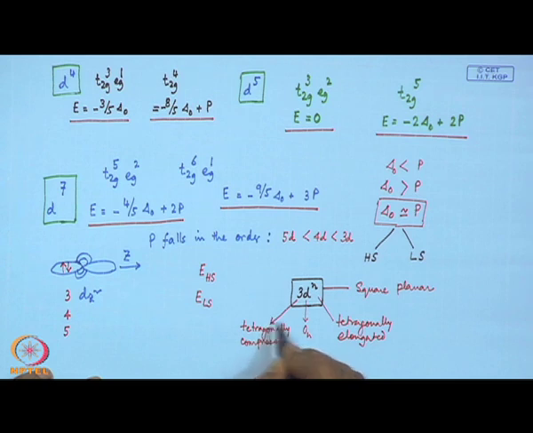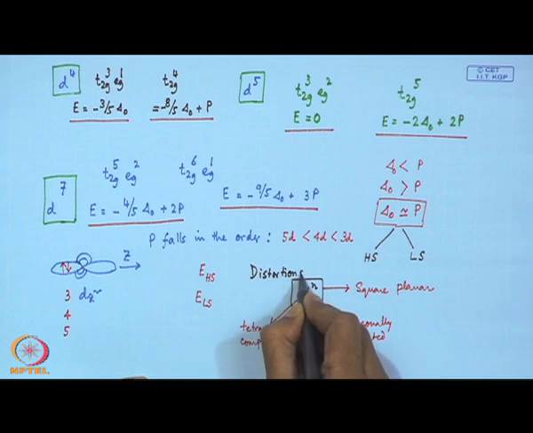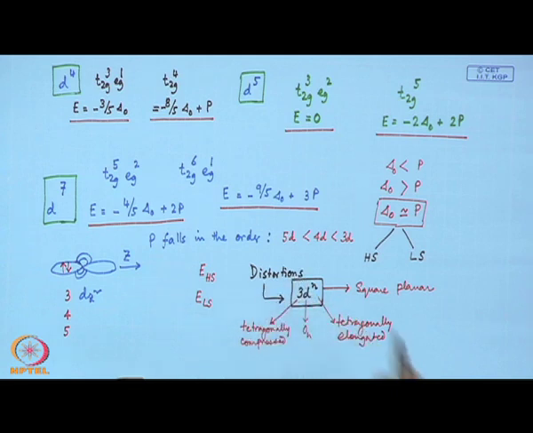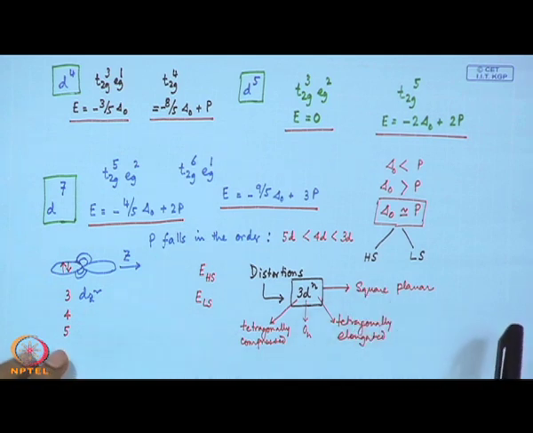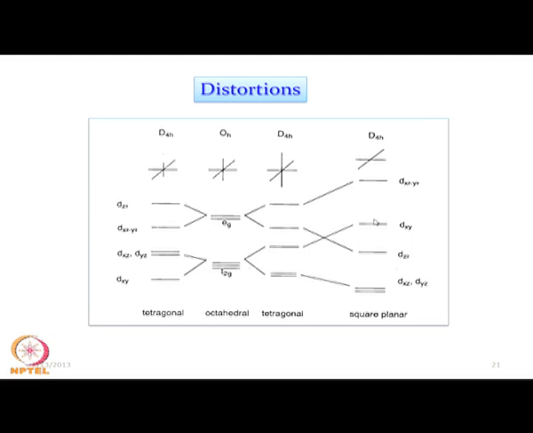So, if we have some idea about all these, we should be able to write down the electronic configuration for any 3d n system for these typical distortions. So, if we have distortions on any 3d n electronic configuration in all these 4 geometries, we should be able to write down their electronic configuration nicely from these orderings of these different d levels.